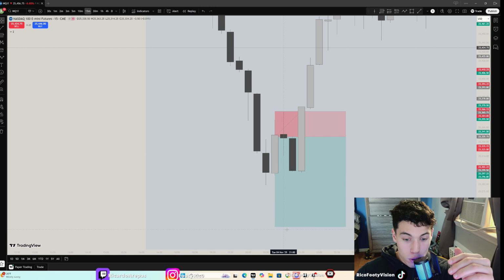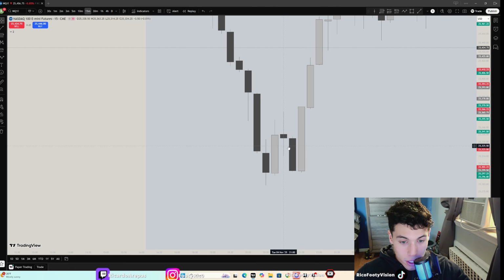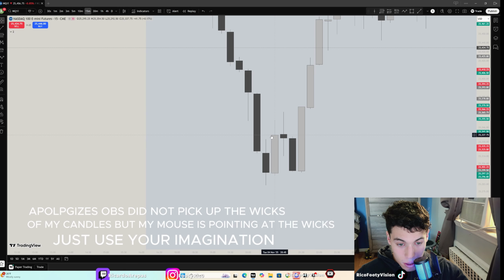Meaning, you think price is going to go down here, the whole time the market rejected the idea of going down, and you didn't realize it because you didn't wait for this candle to close. Look, on this bullish candle, we opened right next to it, we opened up here, and then we closed right here. But look, we rejected the idea of going down because we didn't sweep this candle.